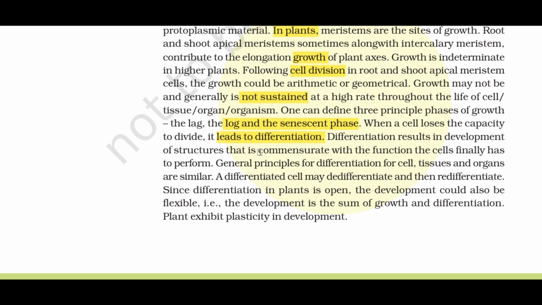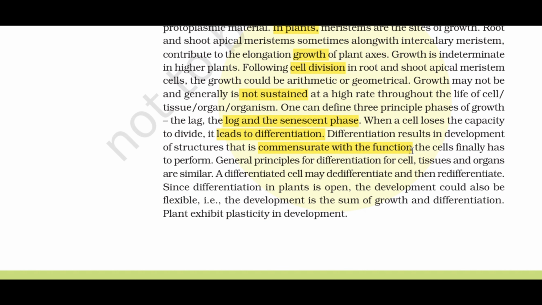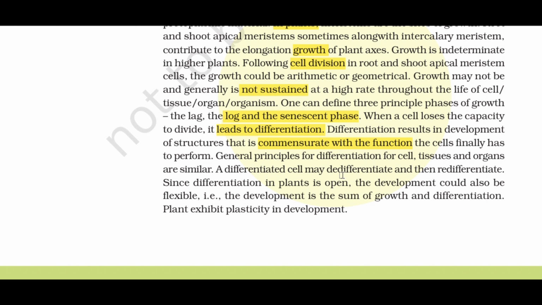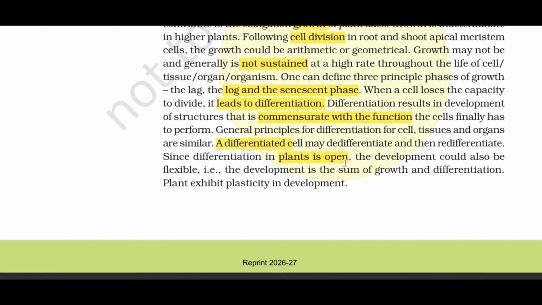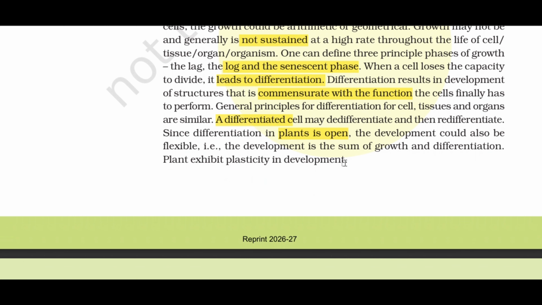Differentiation results in development of structures that are commensurate with the function the cell finally has to perform. General principles for differentiation of cells, tissues, and organs are similar. A differentiated cell may dedifferentiate and then redifferentiate. Since differentiation in plants is open, the development could also be flexible, i.e., development is the sum of growth and differentiation. Plants exhibit plasticity in development.